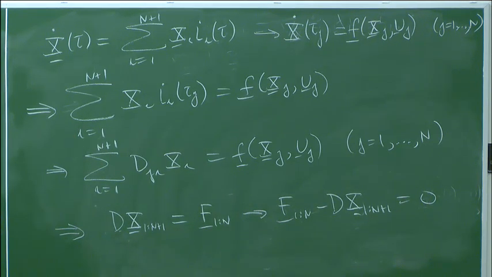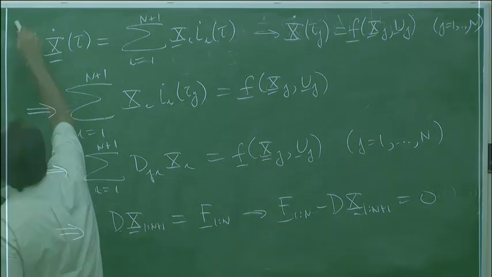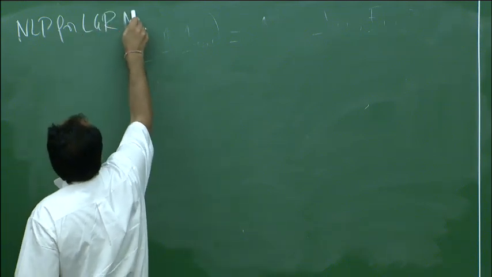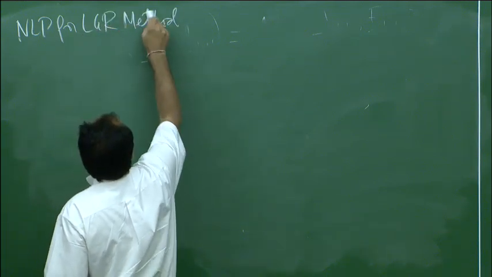Now, the NLP for Radau is simpler than the NLP for Gauss, because it doesn't contain that quadrature equation. So what we wind up with is the NLP for the LGR method, and it looks like this.